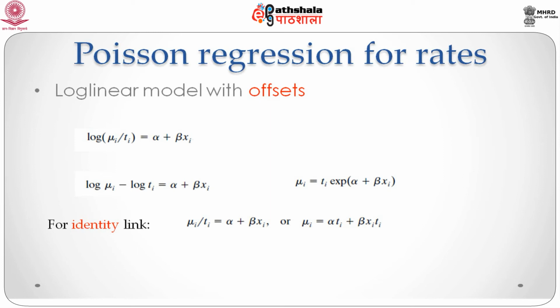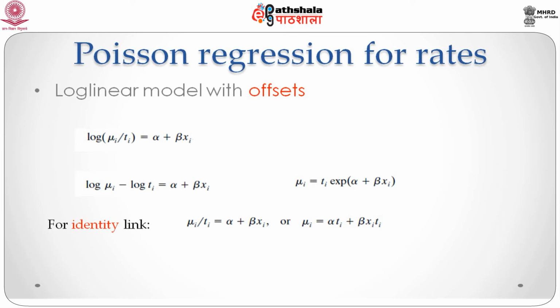For the identity link, this would reduce to mu i over ti equal to alpha plus beta xi, but this is not a problem because this is equivalently written as mu i equal to alpha ti plus beta xi ti. So the effect it has on the model is to remove the intercept but introduce another covariate ti and transform the covariate xi into a covariate xi ti.